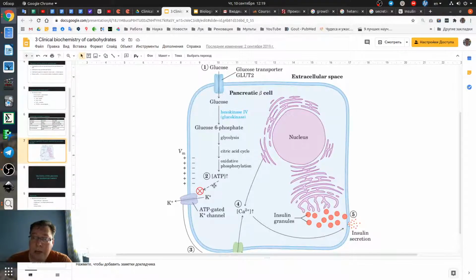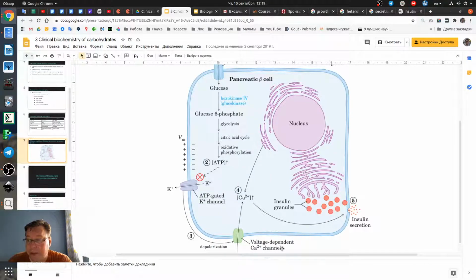ATP blocks movement of potassium ions from beta cells into outer space. This protein is called the ATP-gated potassium channel, and the result is opening of the calcium voltage-dependent channel here.